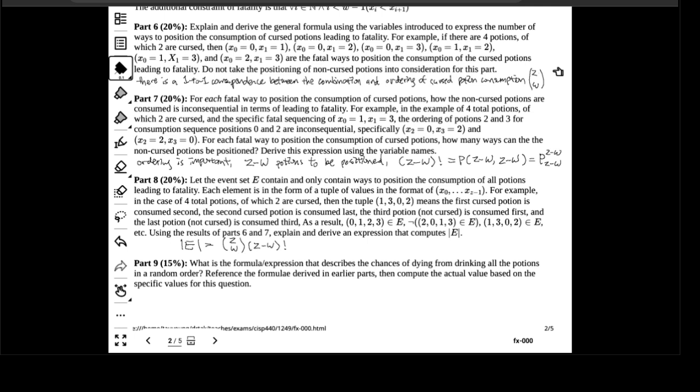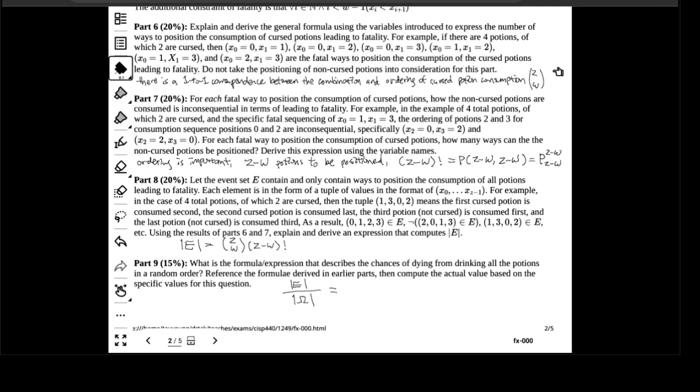And then part 9 is calculating the chances of dying from drinking all the potions in a random order. So the probability is the cardinality of E divided by the cardinality of omega.